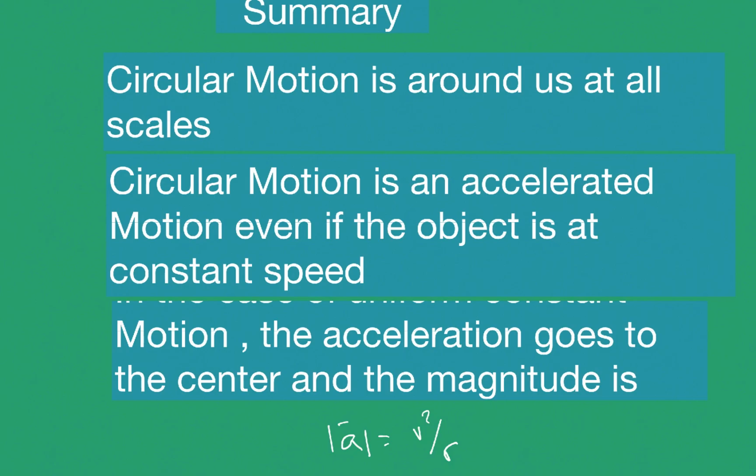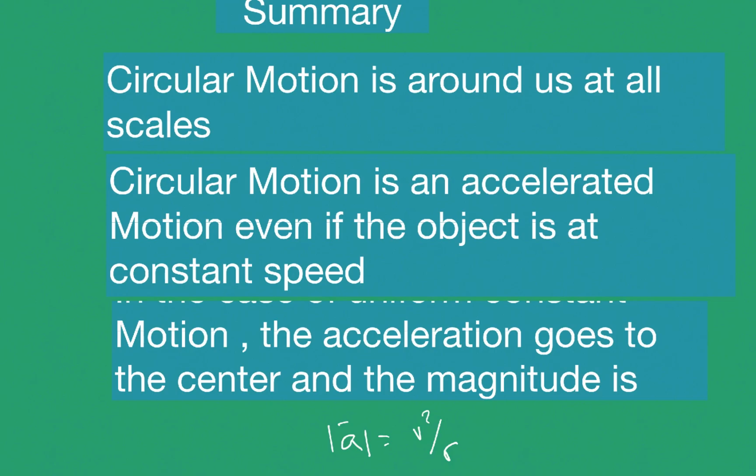The summary says that circular motion is happening around us at all scales, at the microscopic scale and at the big scale. The important thing is that circular motion is an accelerated motion. Even if the object is at constant speed, the motion is with acceleration.